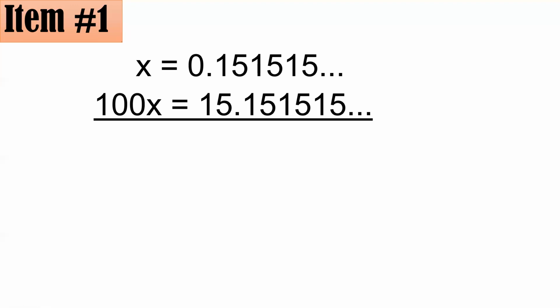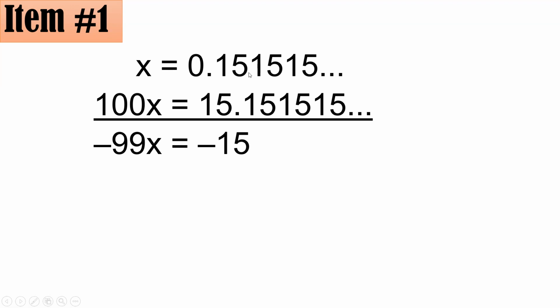Now, in this case, we have two equations. What do you think should we do? Because our goal is to remove the decimal part. Okay, according to Ma'am Gemma, we will subtract both sides. Subtracting both sides, x minus 100x will be negative 99x equals 0 minus 15, which is negative 15.